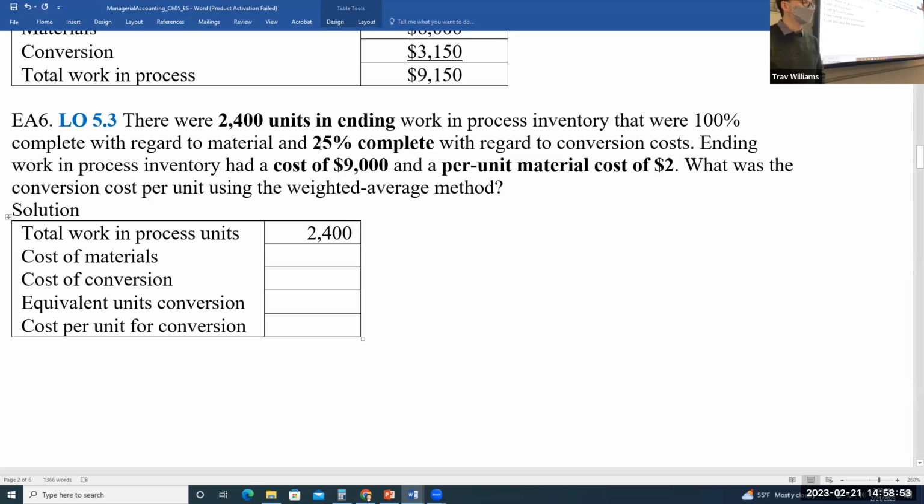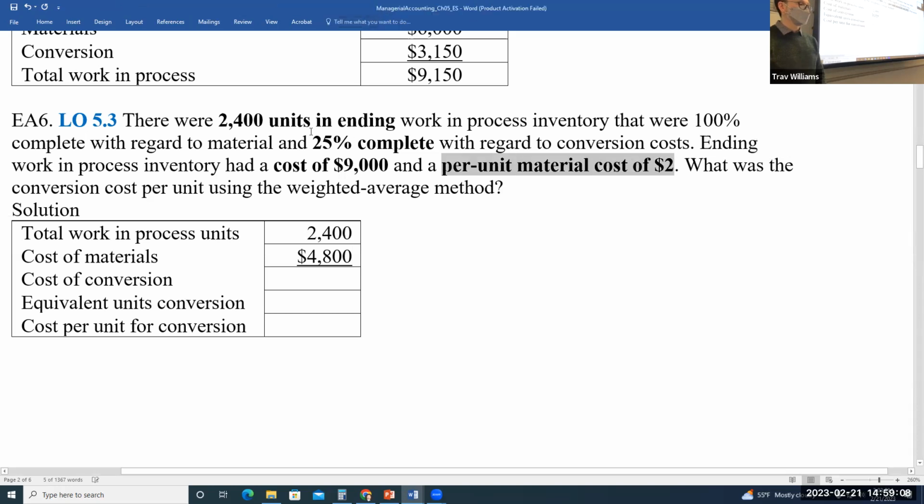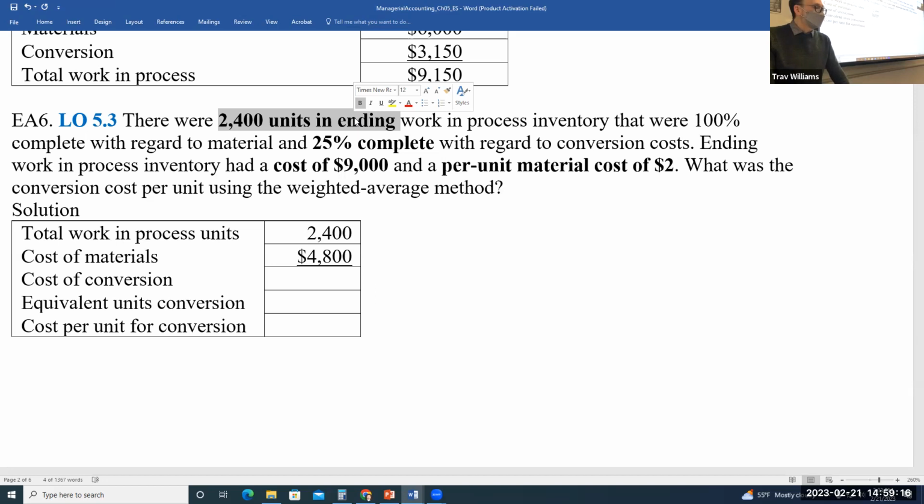They didn't give us a total, but $2 per unit times 2,400 units is going to be $4,800, right? So that's the $4,800 material cost. Okay, do we know the conversion cost? No. How can we figure it out?